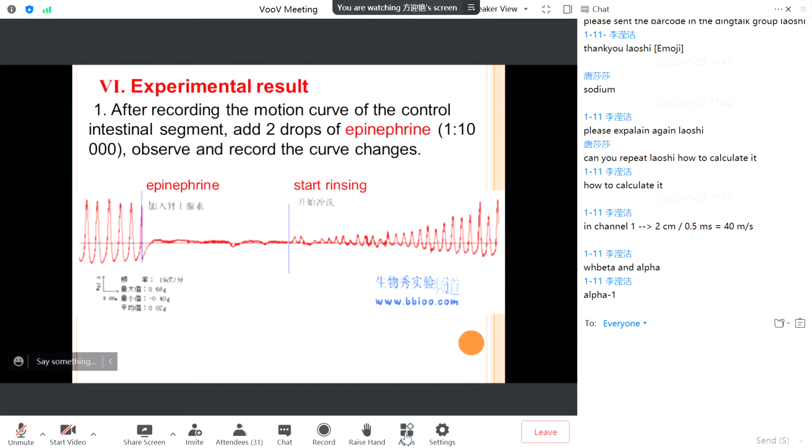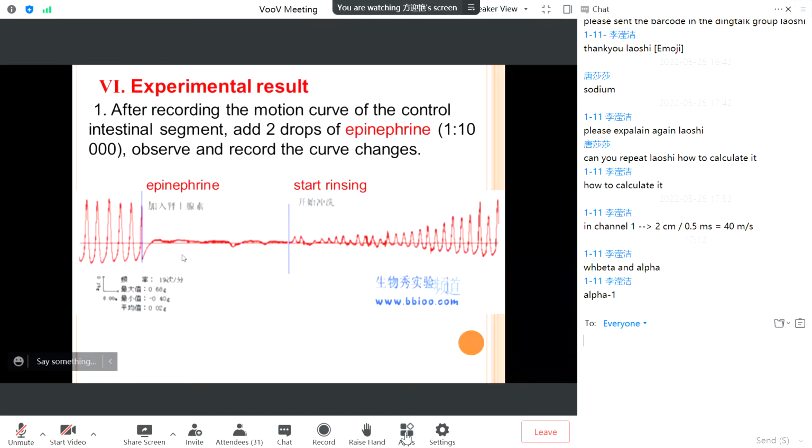Here, epinephrine majorly acts on the beta 2 receptor on the smooth muscle, which leads to smooth muscle relaxation, not contraction. Relaxation, and so it inhibits the digestive functions. We can see that it inhibits the intestinal smooth muscle contraction, so the contractility is decreased.